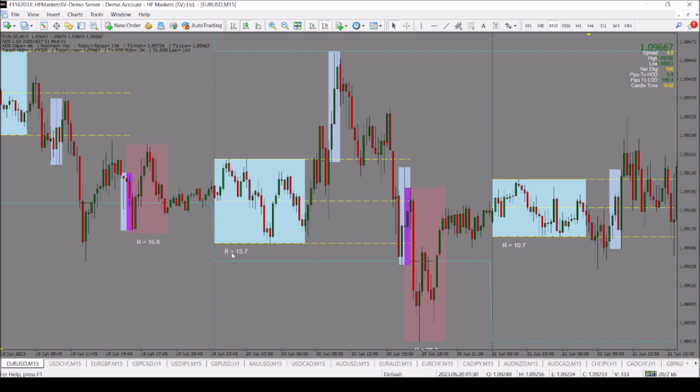What you see on my screen are several boxes, and for the sake of those who haven't come across this particular template, the blue box marks the Asian session range, and these yellow lines mark the upper and lower bands of the Asian session, and this one the middle band. You can also see these gray areas.